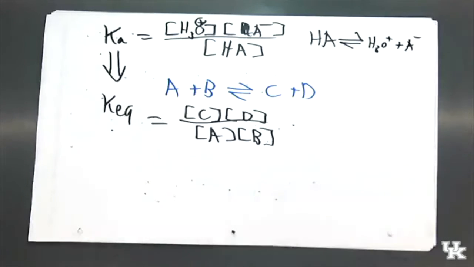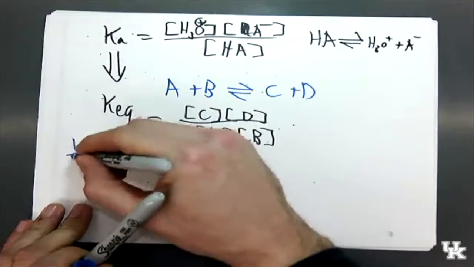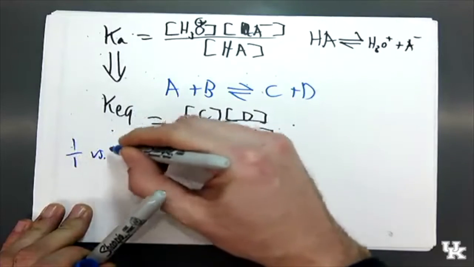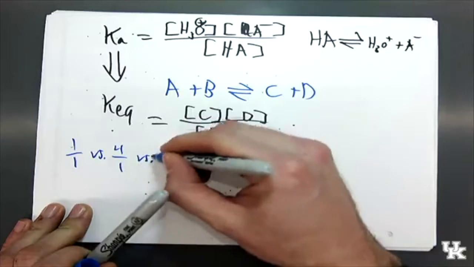All right, so this is not a math class, but I want to introduce to you guys a little bit of functional analysis, just a very teensy bit. What I want you to see in this fraction is that as the numbers in the numerator get bigger and bigger, KEQ also gets bigger, right? Like, for instance, if you had 1 over 1 versus 4 over 1 versus 8 over 1.